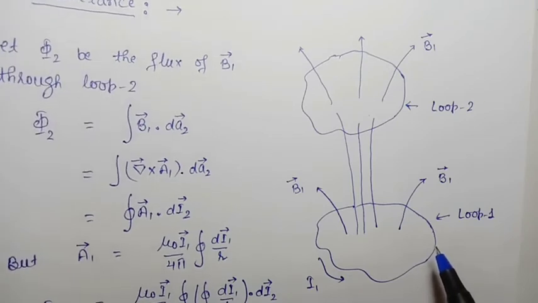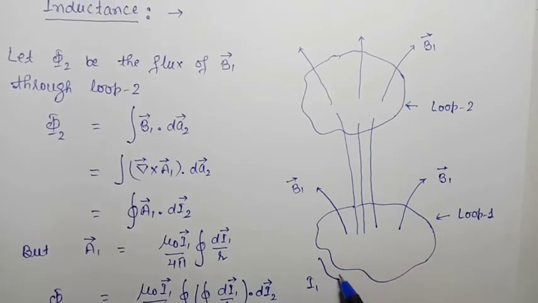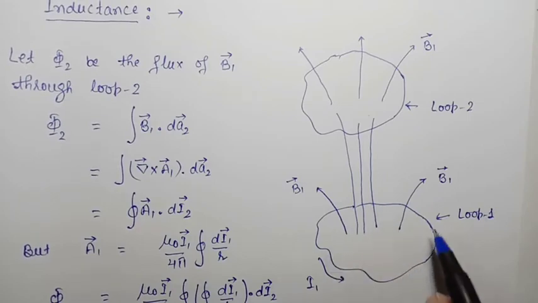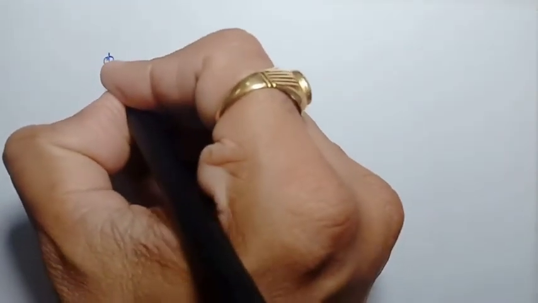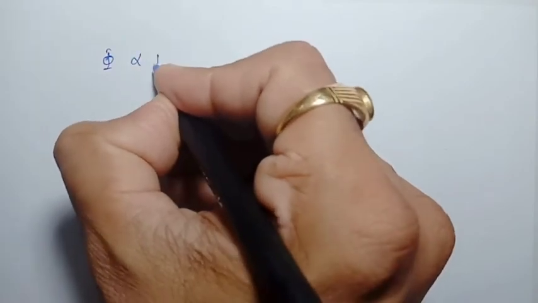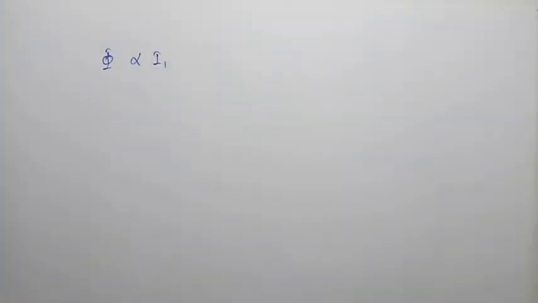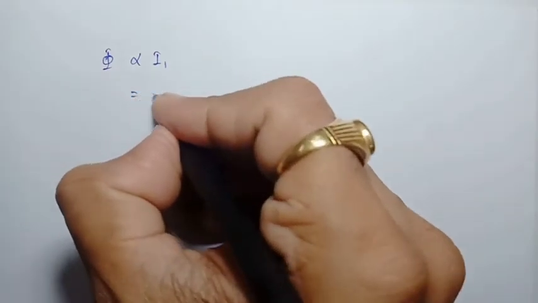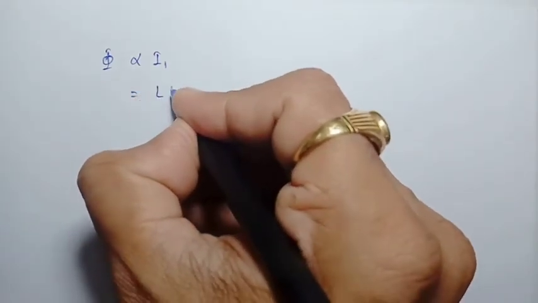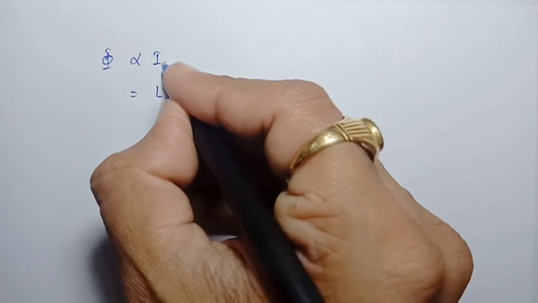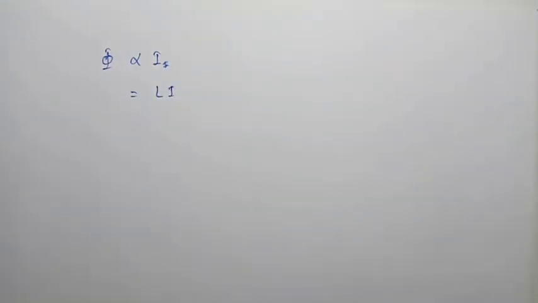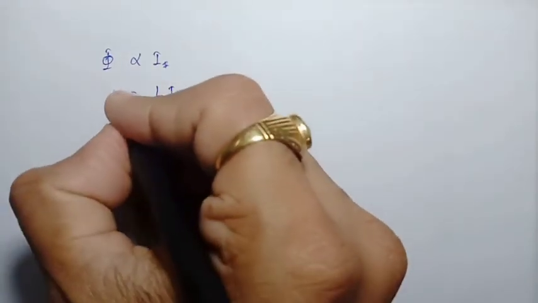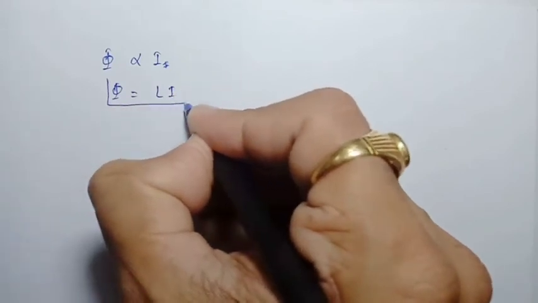So here, when it induces the EMF in the source loop, the flux is directly proportional to the current, or we can write this as equal to Li.